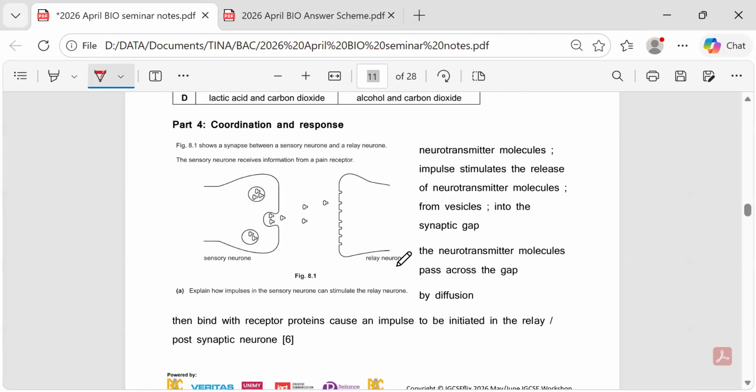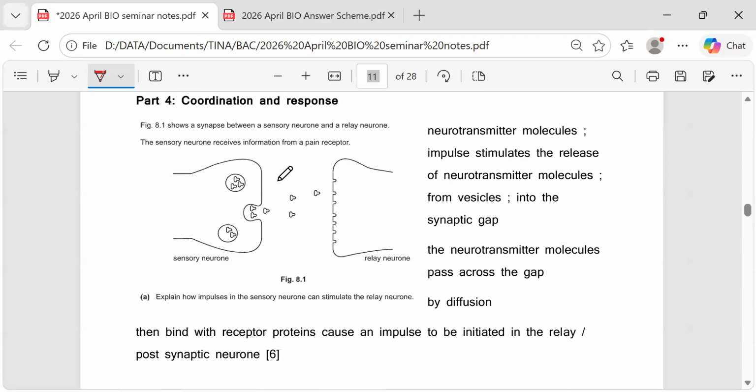Okay, this is another very, very common question. They will ask you how a neurotransmitter goes from one neuron to the next. For the first neuron, you must know the names. The neurotransmitter is inside here, in a vesicle.